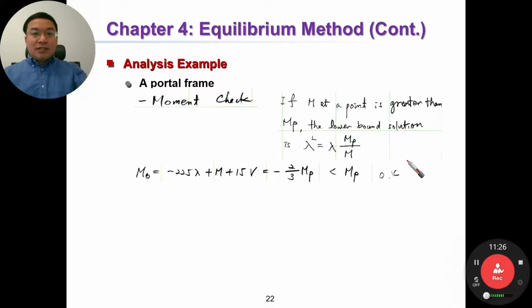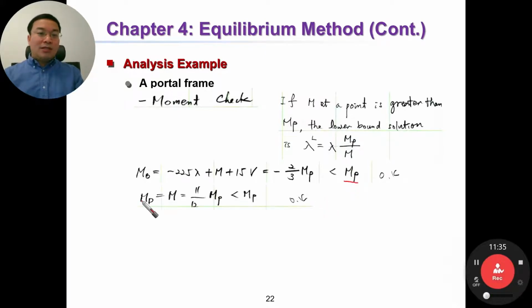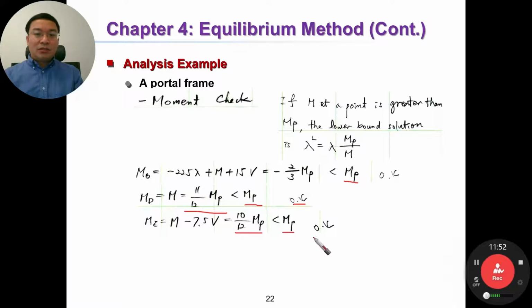Then check MB equal to this one and smaller than MP. Good. M at D equal to this one and smaller than MP, then good. Satisfied. ME equal to this one, ratio, and smaller than MP, then good.